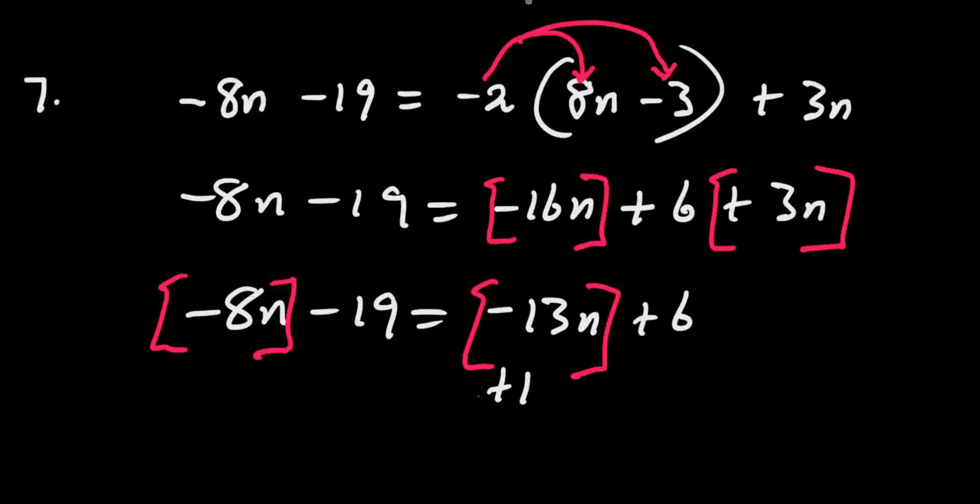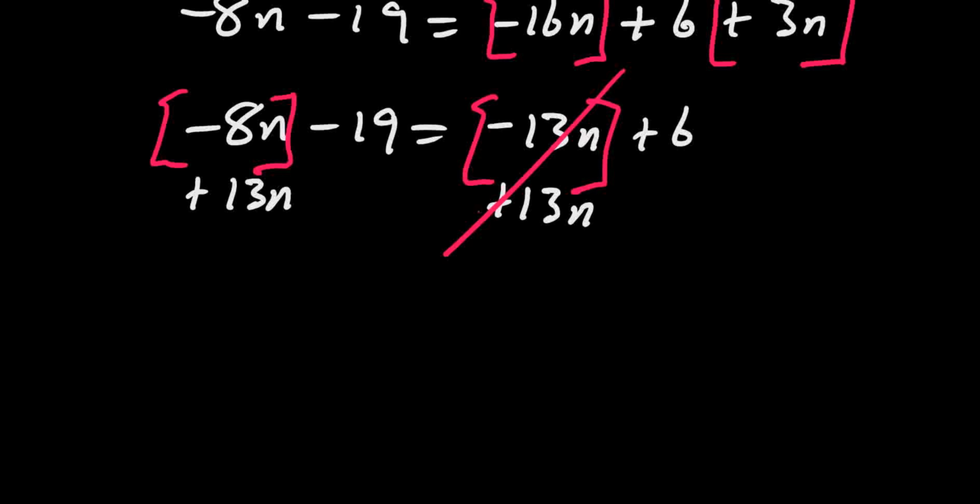Plus 13n, plus 13n. So negative 13n plus 13n gives us 0. And negative 8n plus 13n will give us positive 5n. So we have 5n minus 19 equals 6.